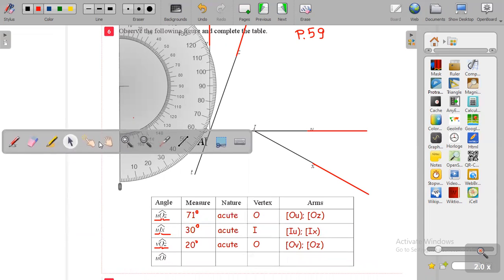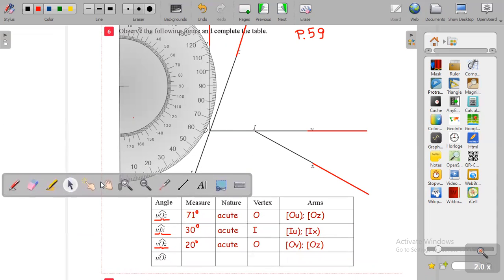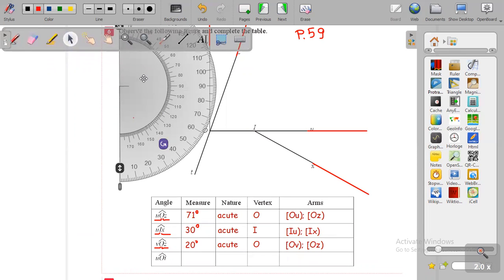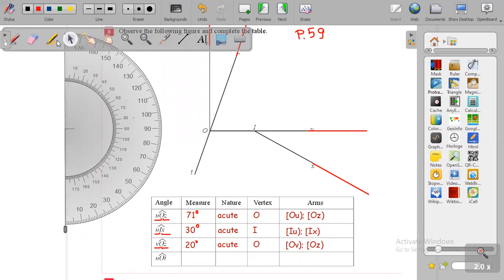Now we have to find the measure of UOT. Let's look what are the arms. The arms are OU, OT. To know the arms, draw arms for the angle. So let's write the arms first.